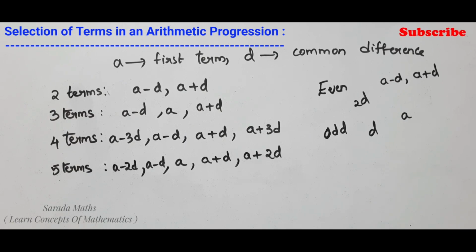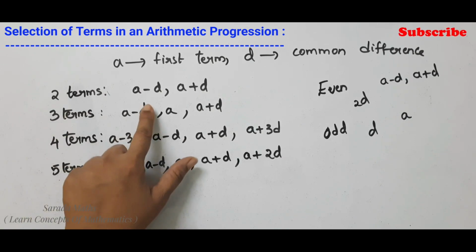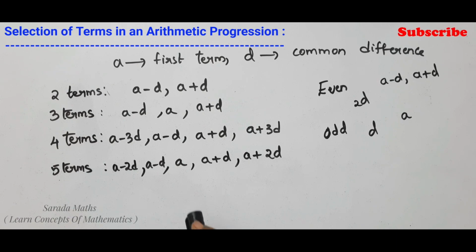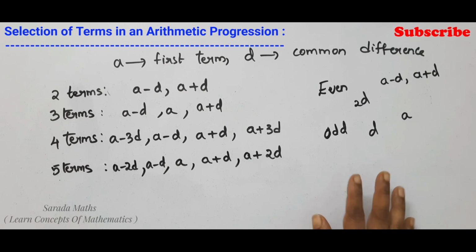If it is an odd number of terms, the common difference between them should be D. The middle terms for an even number of terms will be A minus D and A plus D. For odd, the middle term will be A. Just remember how to take these terms using this logic.